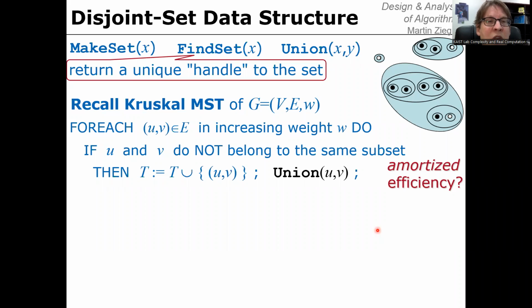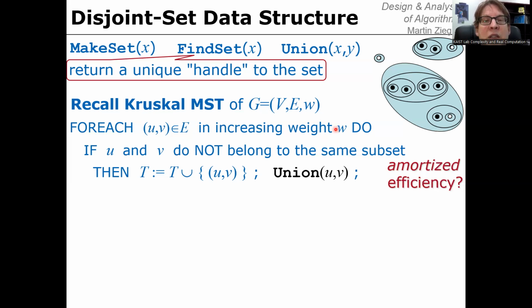So first, Kruskal creates singleton sets for every vertex in the input graph, and then processes the edges in this graph in increasing weight, right? So we have a weighted graph. We've already sorted the edges, so this is simply walking through the edges in order of increasing weight, and then checking whether two nodes belong to the same subset in this disjoint set data structure.